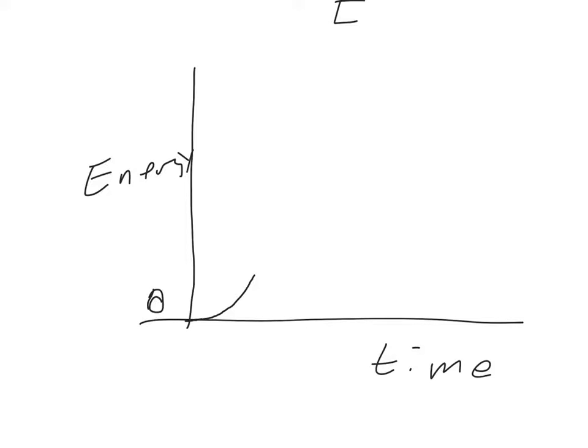and then as time goes on, it's going to reach a maximum at some point, and it's going to come back down as it reaches the other classical turning point and continue like this. And this would be a graph of T, the kinetic energy as a function of time, and it would continue like this. And then you complete this sketch, and what is V as a function of time?